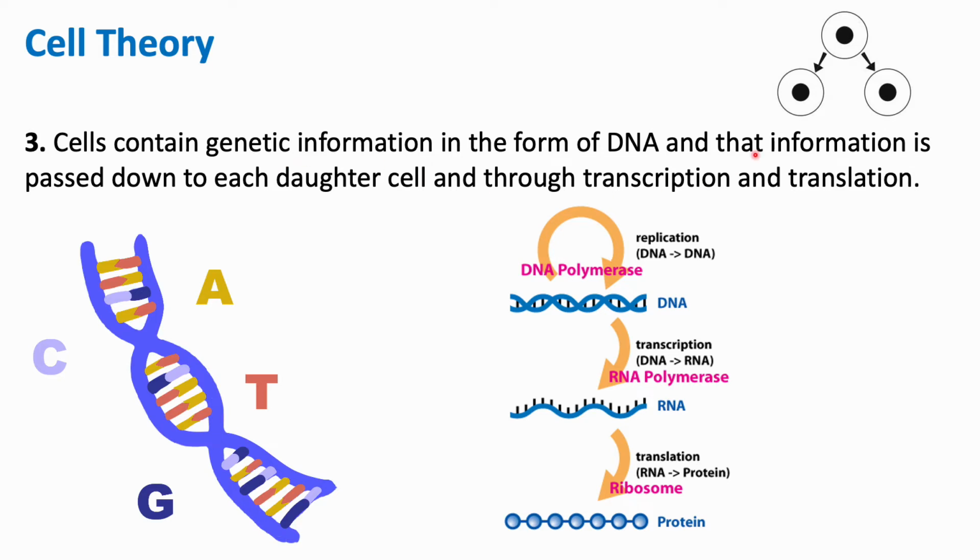Well, that genetic information can also be expressed or passed down through transcription and translation. Remember when we talk about a eukaryotic cell, we have that DNA enclosed within that nuclear envelope and it cannot exit the nucleus. So that's where the RNA comes in and it transcribes that DNA, producing that mRNA strand which will encode for a protein. That's also another way that genetic information can be expressed or transferred or read. So essentially, cells will contain genetic information. They have this information, and that's passed down.